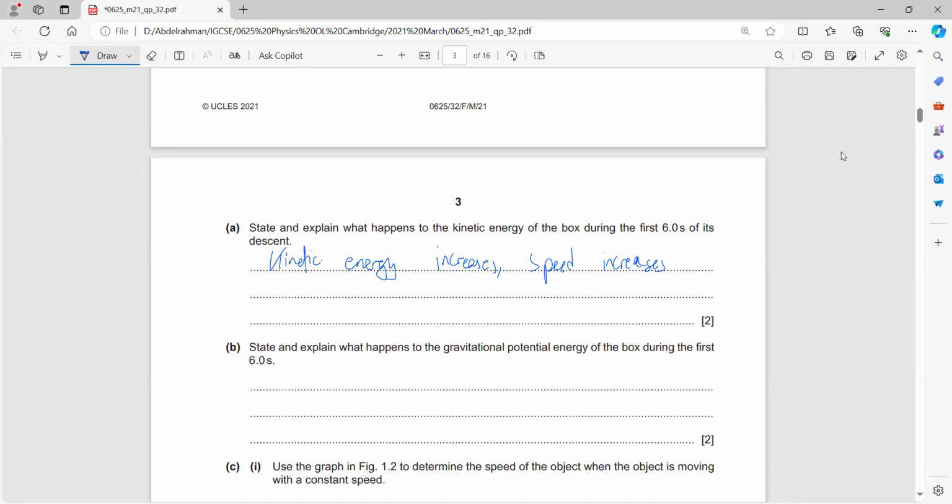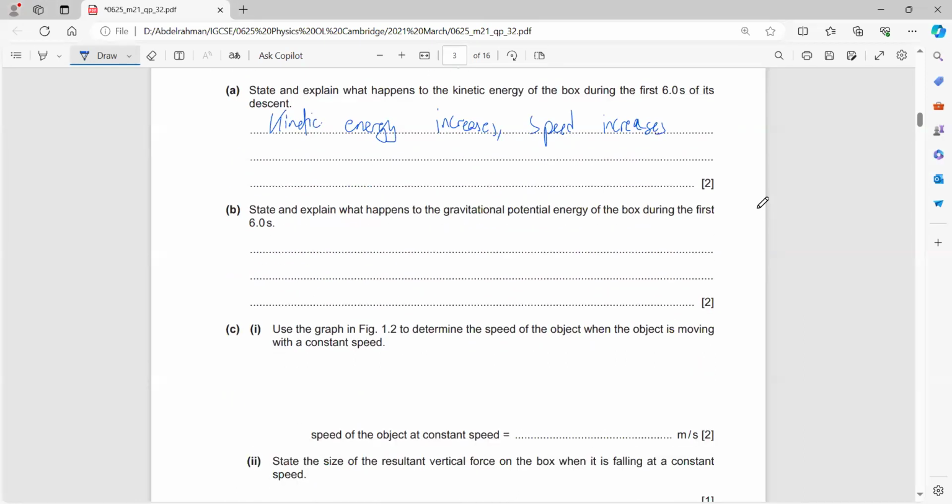Okay. State and explain what happens to the gravitational potential energy of the box during the first 6 seconds. Decreases. Why? Not because the speed is increasing, but because its height above the ground is decreasing.